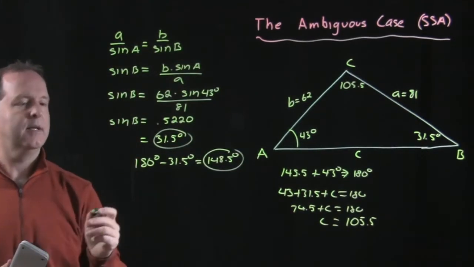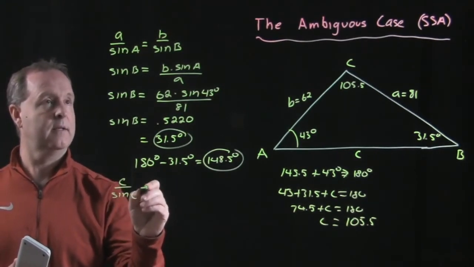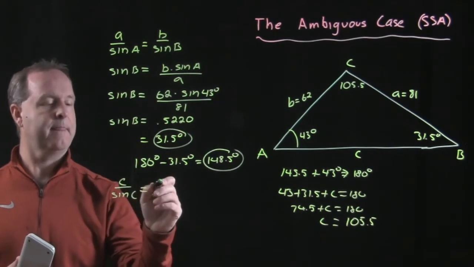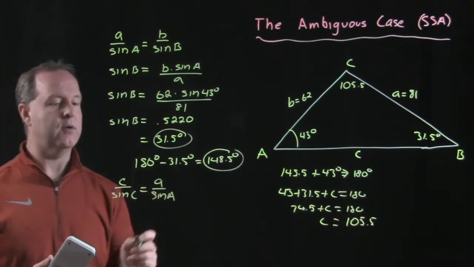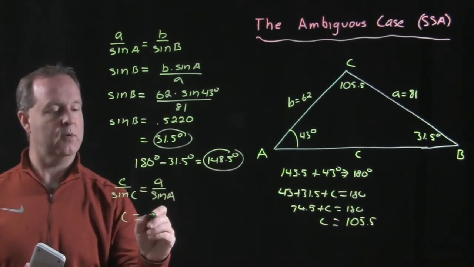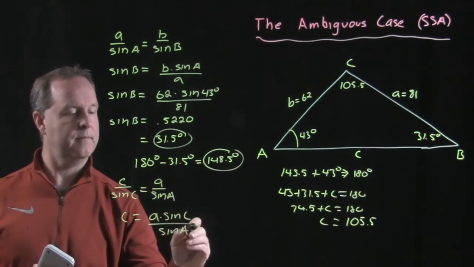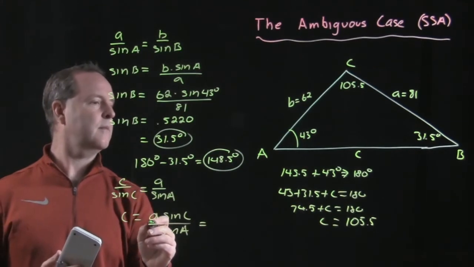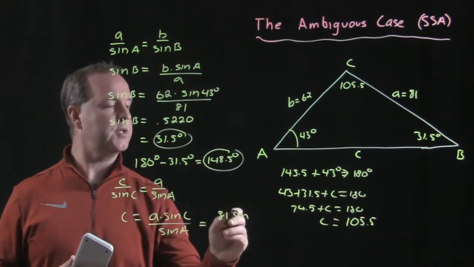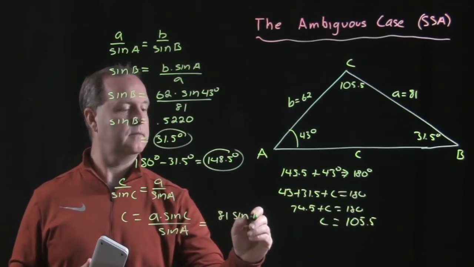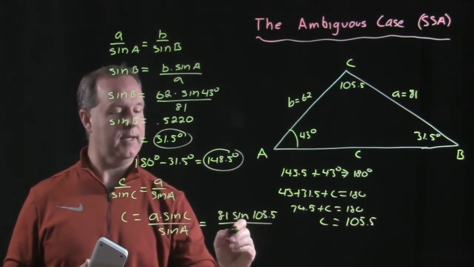We already knew a, so let's do a over the sine of A. Solve that for what I don't know, which is c. So c equals a times the sine of C, all over the sine of A. a is 81, the sine of C is the sine of 105.5, all over the sine of A, which is 43.